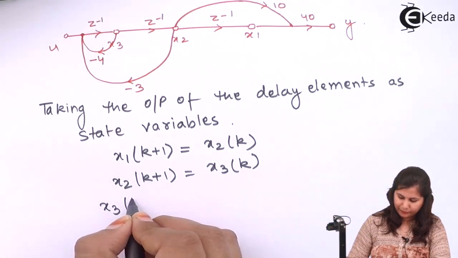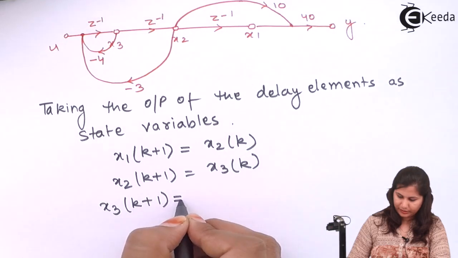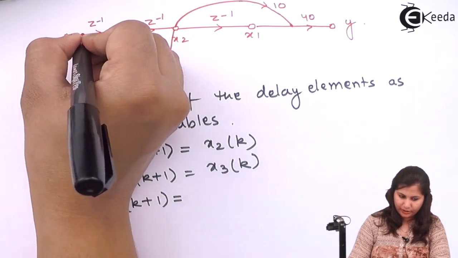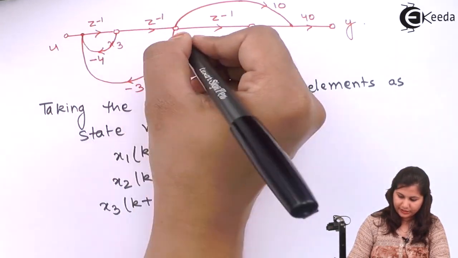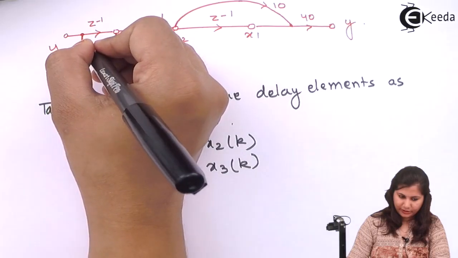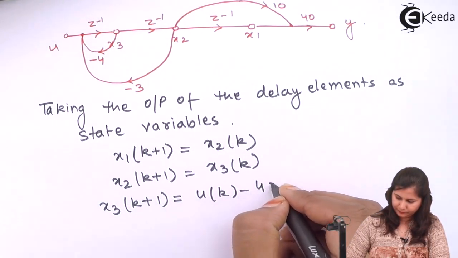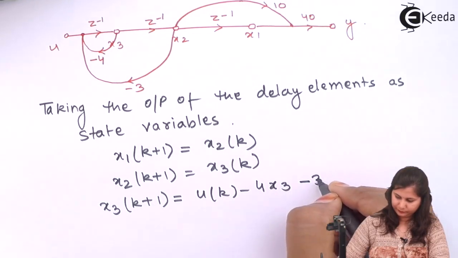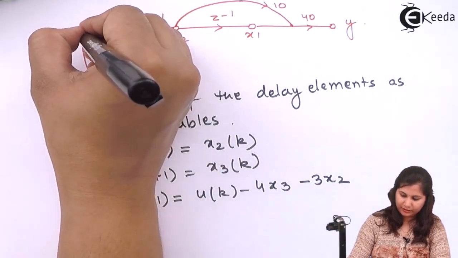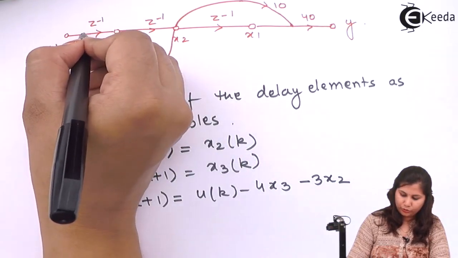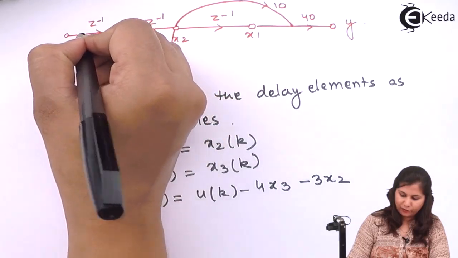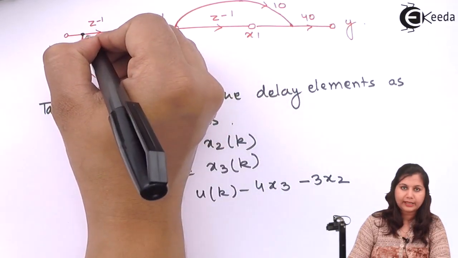and x3(k+1) is this input u(k) minus 4x3 minus 3x2. You can see here that at this point u is coming, then minus 4x3 and minus 3x2.